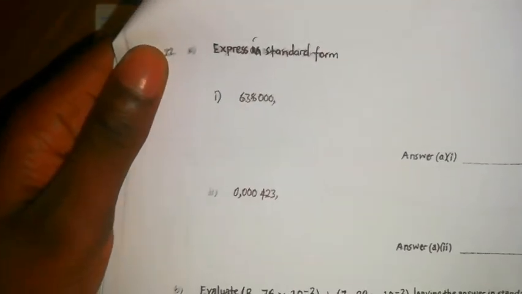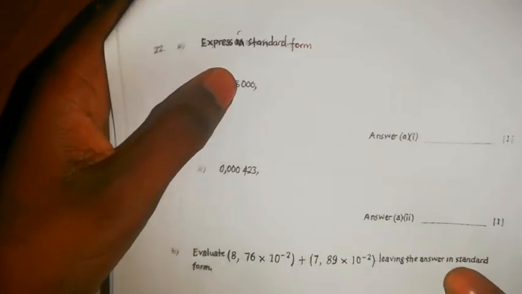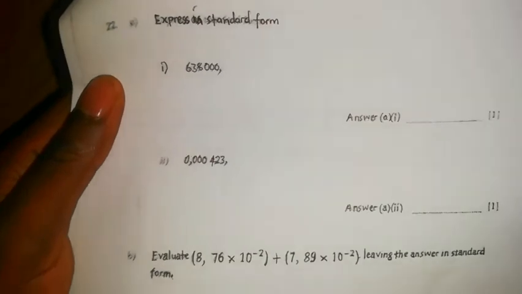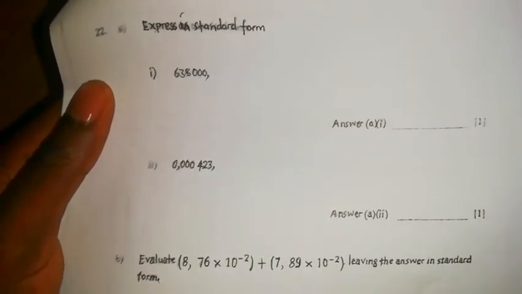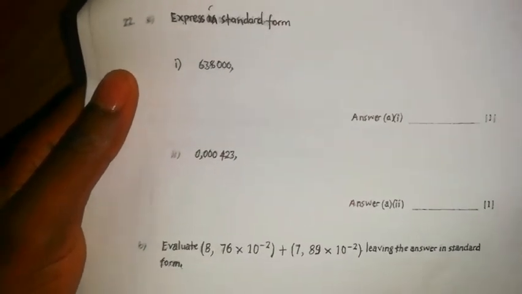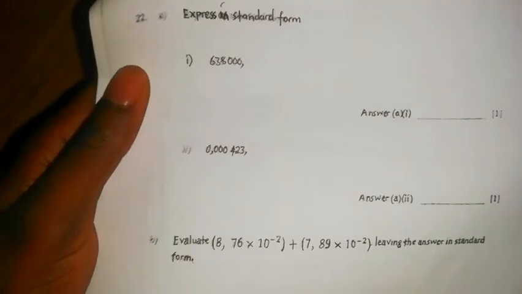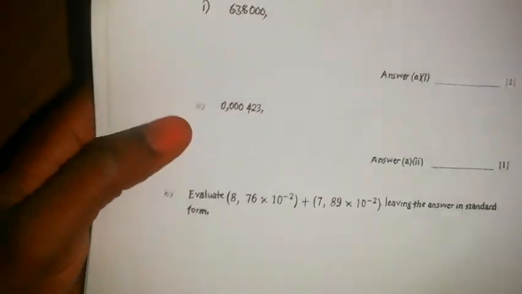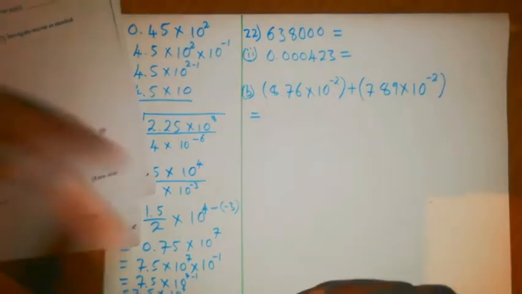There are the questions. Express in standard form. There is our first number, our second number. As I said, we're supposed to first determine, is it a normal number or is it an abnormal number? If it's a normal number, our index is positive. If it's an abnormal number, our index is negative. And then as I said, we ignore the last zeros when giving our answer.